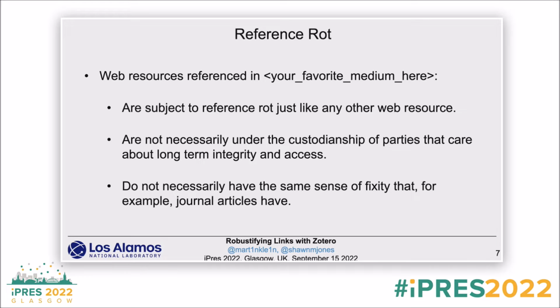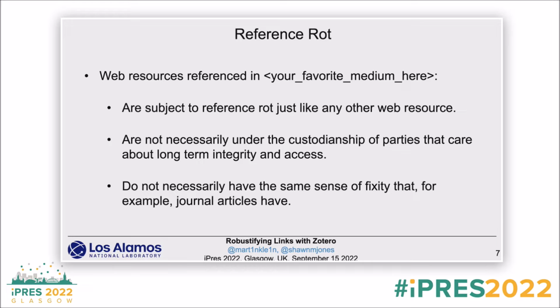Just because we reference those resources doesn't mean that they're any more stable than any other arbitrary resource on the web. These resources often, just like the majority of resources on the web, don't have DOIs, for example. They don't necessarily have persistent identifiers. And with that, they're often under the custodianship of parties that don't necessarily care all that much about the long-term accessibility and availability, or integrity for that matter, of those cited resources.